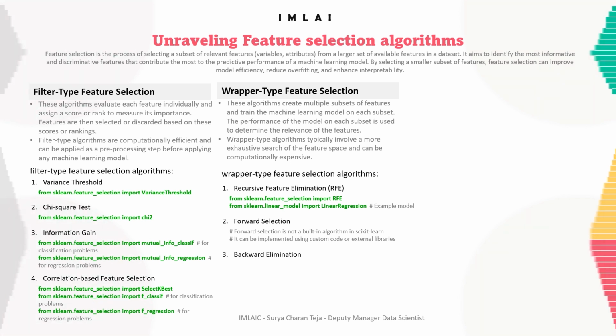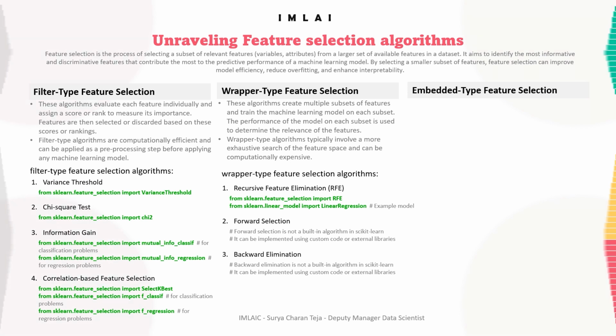on model performance. Now let's move on to the third type of feature selection, which is embedded type feature selection. Embedded type feature selection algorithms incorporate the feature selection process as part of the machine learning algorithm itself.